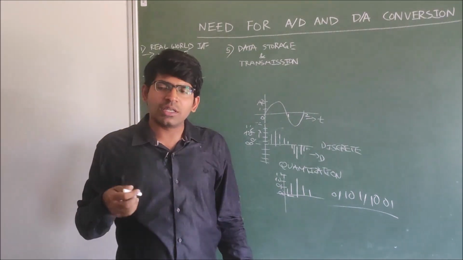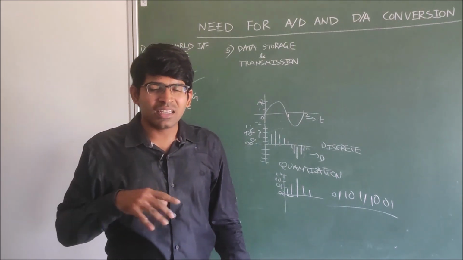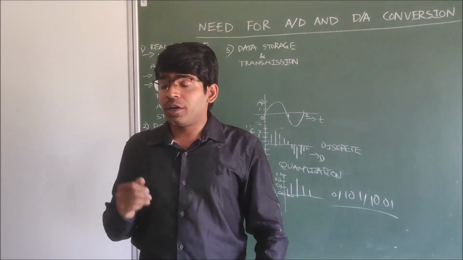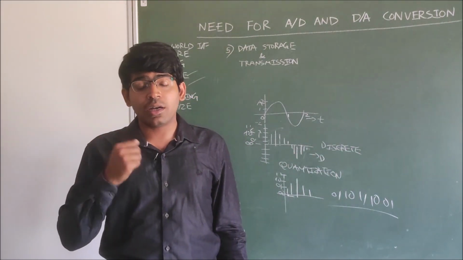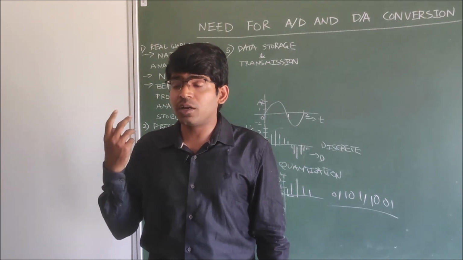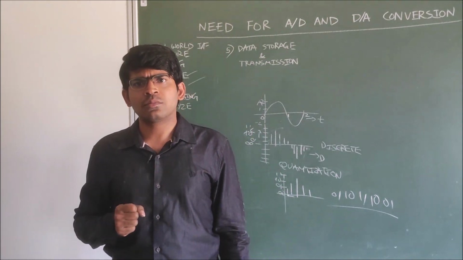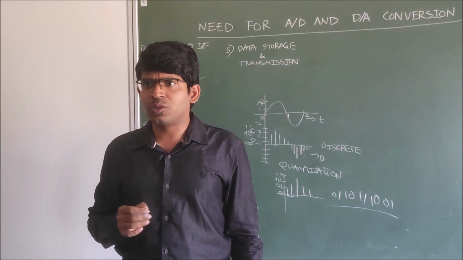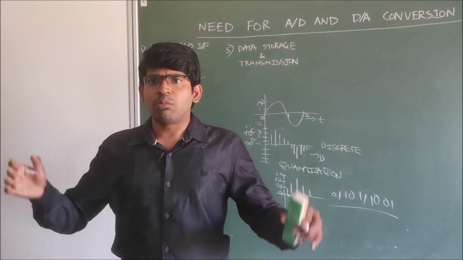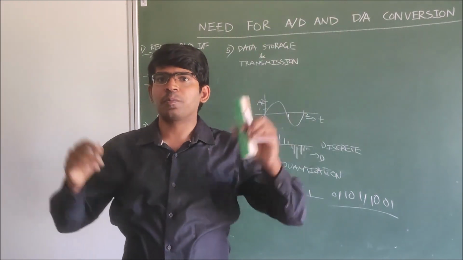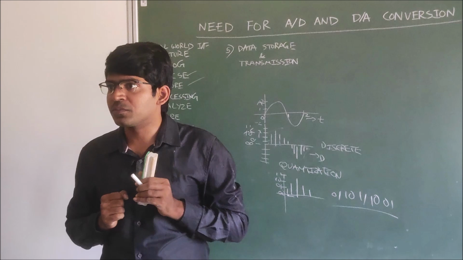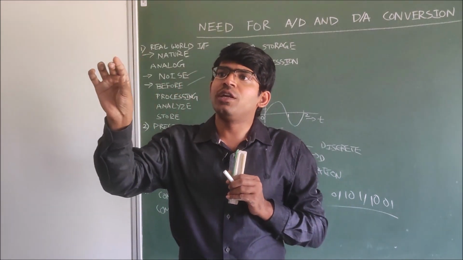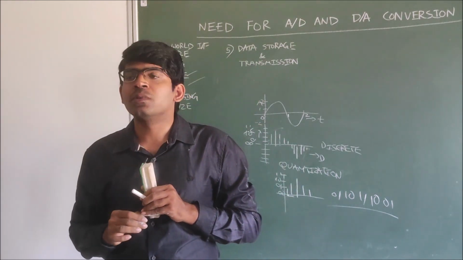And before processing the signal, it is difficult to process an analog signal. There is an infinite amount of data in the time domain and an infinite amount of data in the amplitude domain. How difficult it is to process. Suppose they have given you a 5,000 page textbook for electronic circuits, and you feel how difficult it is. Now one person came and said you read this 50 page book. That is digital.